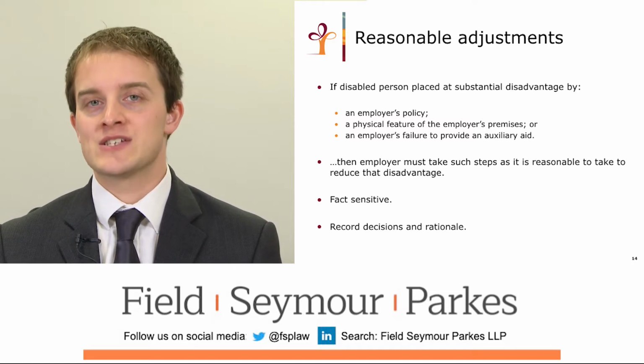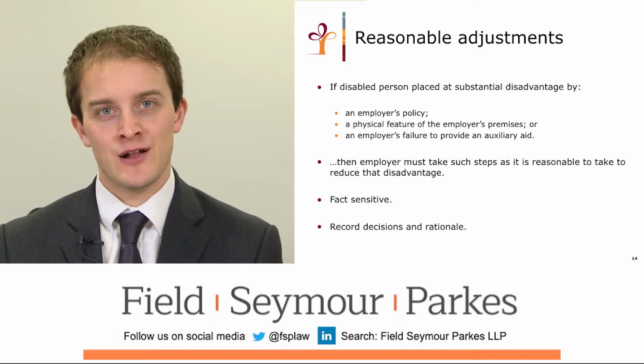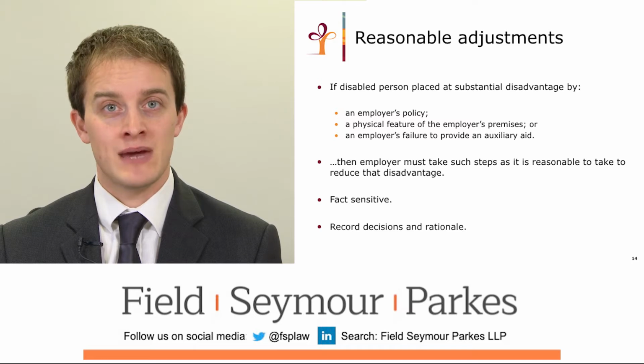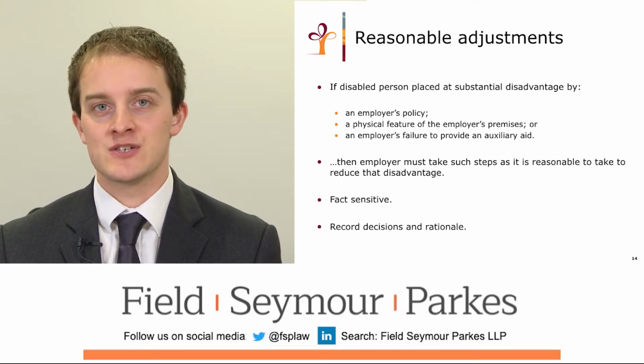Now, this is always going to be fact sensitive, and in a minute I'll run through some of the potential adjustments that you can make and when it may be reasonable or not for you to make those sorts of adjustments.